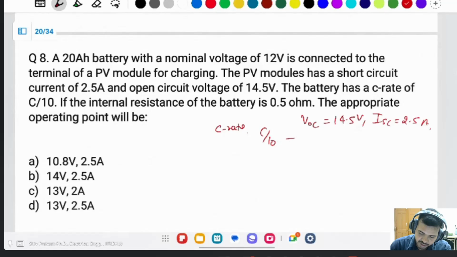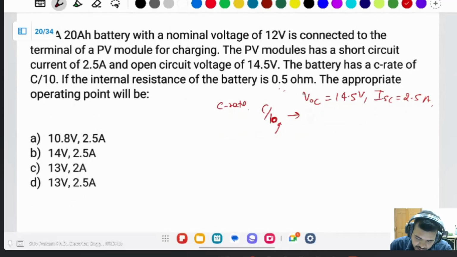C10 means it will take 10 hours to discharge a battery of that capacity. Any battery takes 10 hours to discharge. C10 means that.